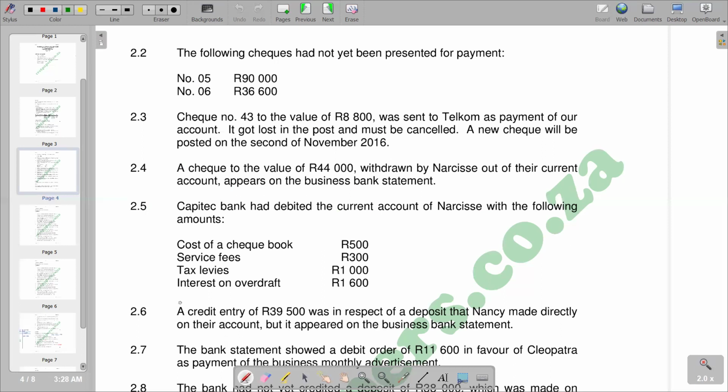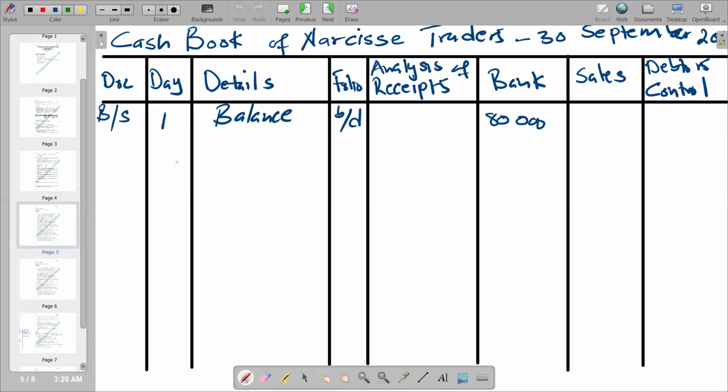So we go to the debit side, and we take note that this was for Telkom. So for details, we're just going to say Telkom. Then in brackets, we indicate that it's a cancelled check. Then we take note of the amount.